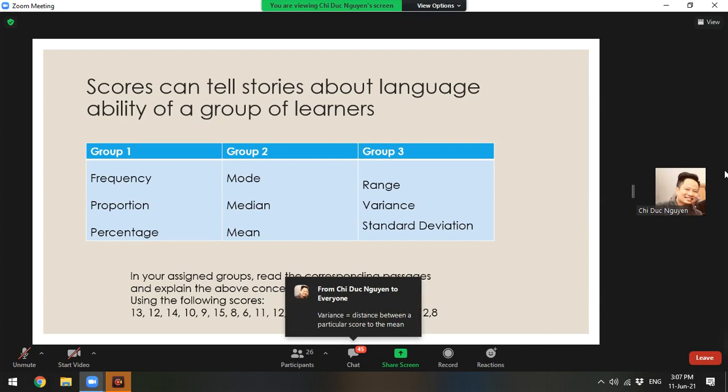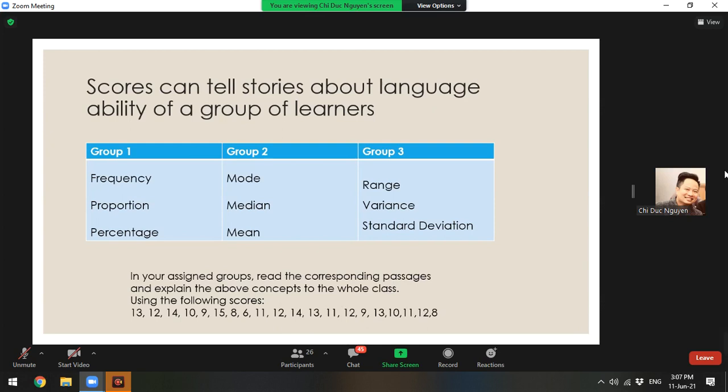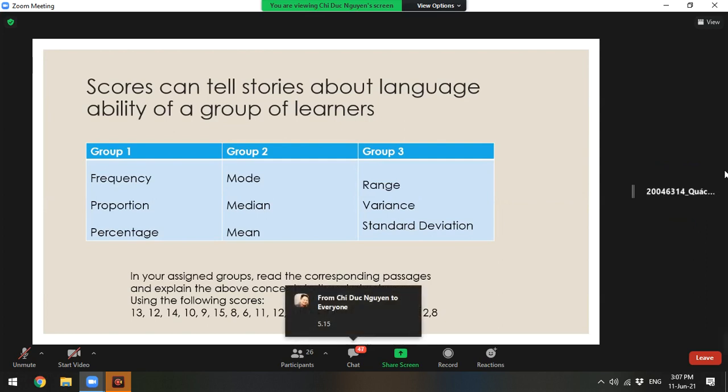So student A gets 6 points on the test. What is the variance between his performance and the mean? So 5.5. Very good. 5.15, I guess. So that is going to be the distance between his true score and the mean.